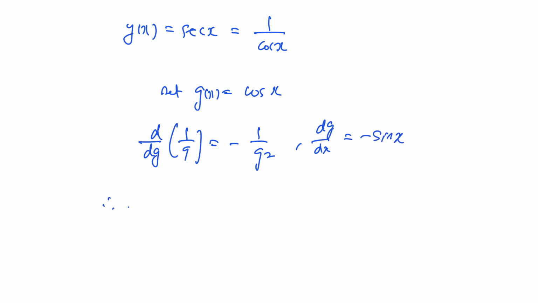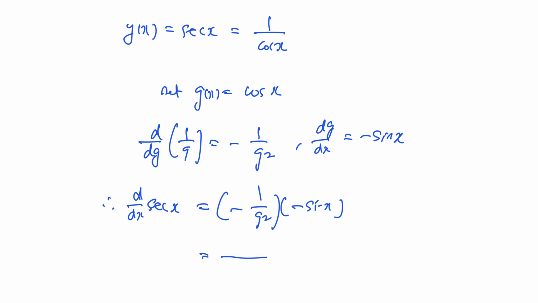Therefore, d/dx of secant x is minus 1 over g squared times minus sine x, which is sine x over cosine squared x. This is secant x tangent x.